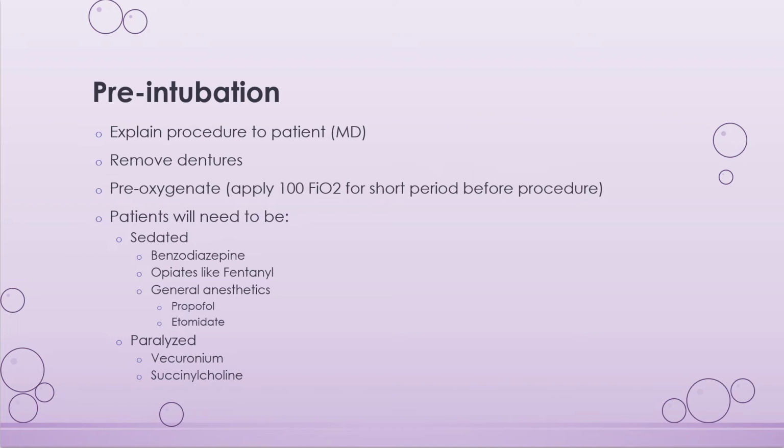So these are the usual suspects, okay? So you should know that vecuronium is a paralytic and would be given after the opiate, like fentanyl, all right? Etomidate and sux are kind of a normal cocktail that doctors like to use. So you may see etomidate followed by succinylcholine. So you would give the etomidate first.